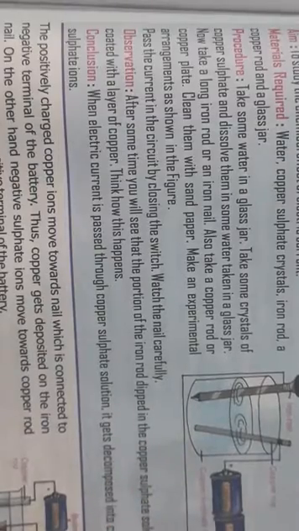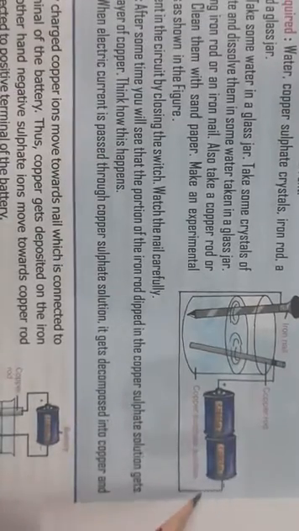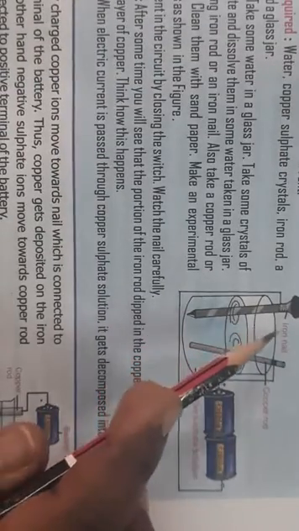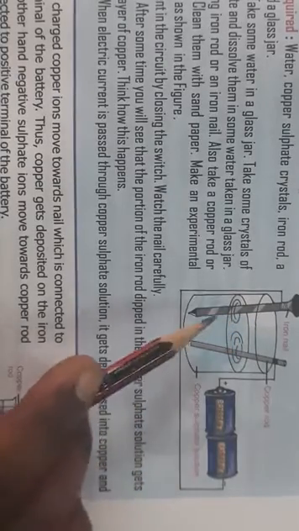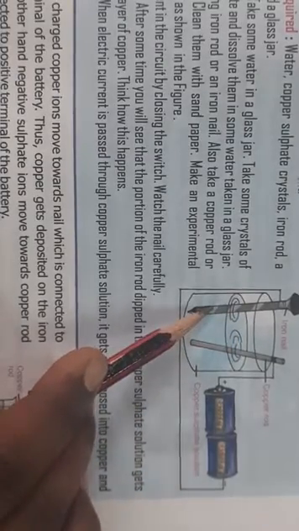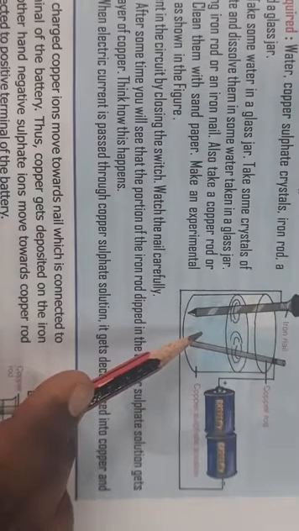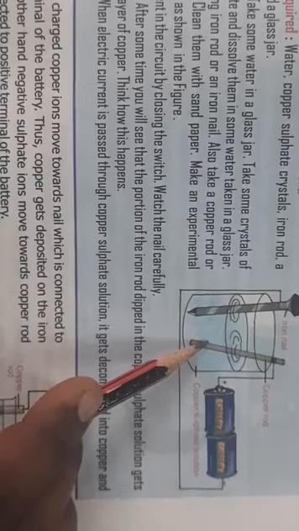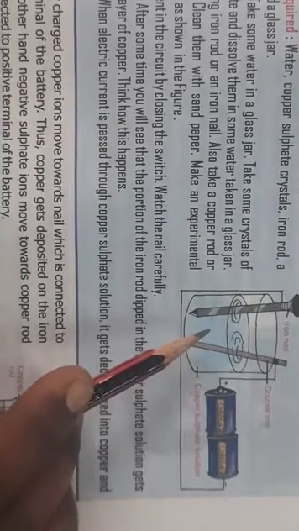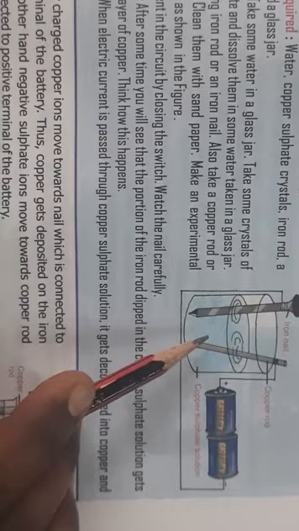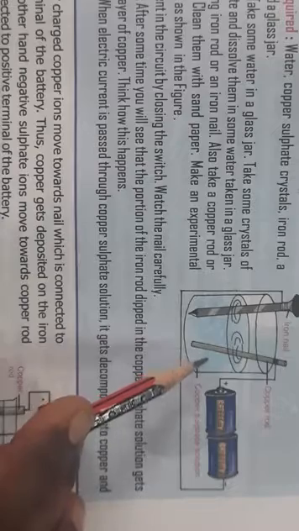The negative terminal has been connected to the iron nail. Thus the copper gets deposited on the iron nail, and on the other hand the negative sulfate ions move towards the copper rod.